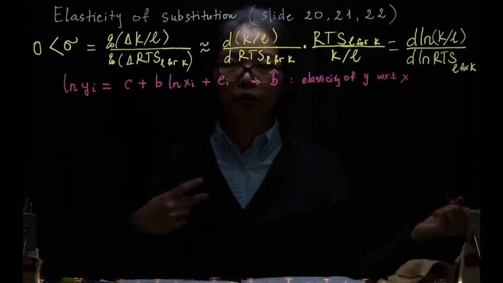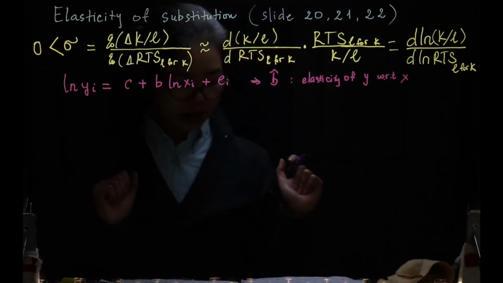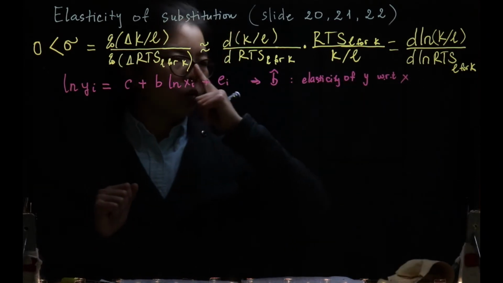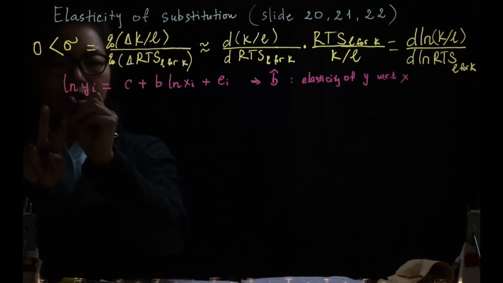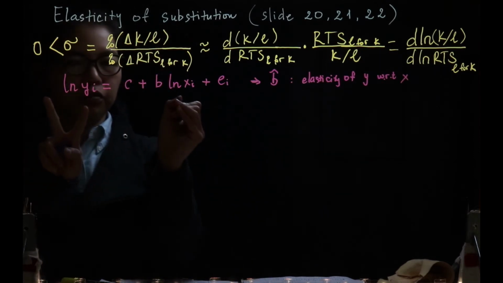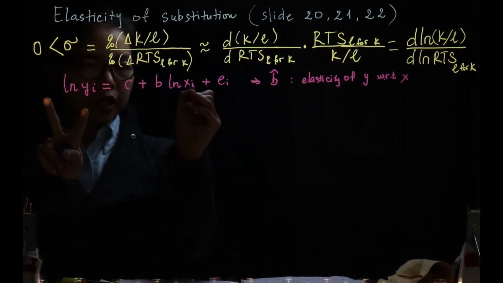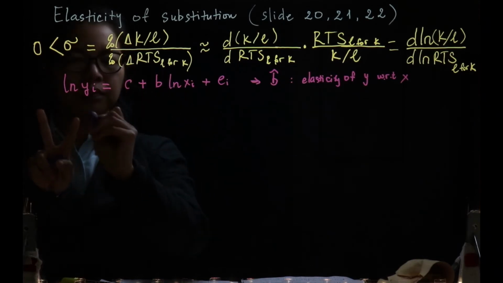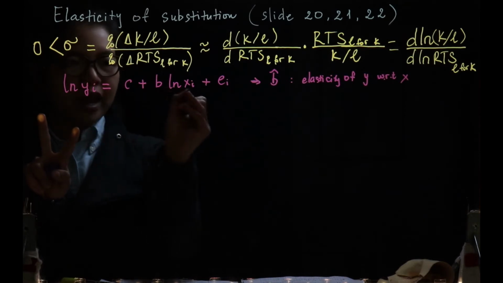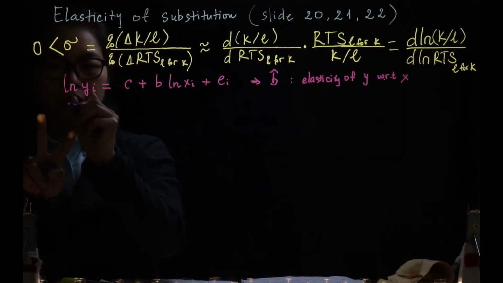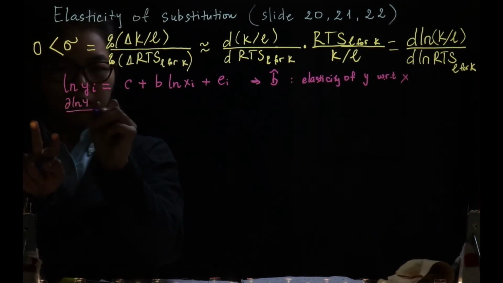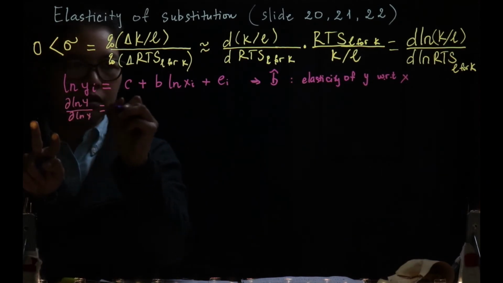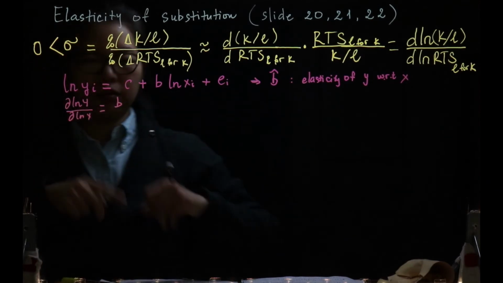How can we do that? It has a reason behind it. Actually b is the slope of this equation. If you treat ln x as the variable, not x but ln x, and you take the derivative of ln y with respect to ln x, it is b, right?